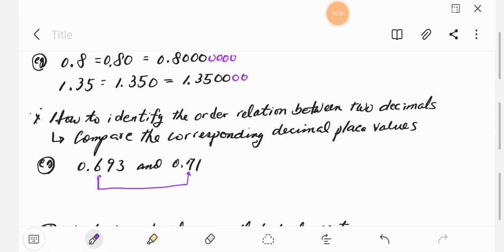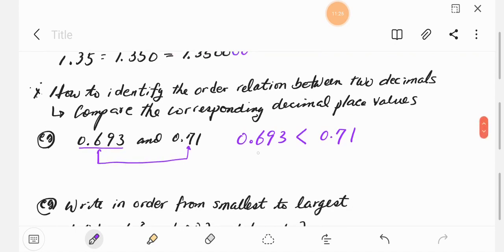Then 6 is less than 7. Then this one is smaller than the next number. So 0.693 is less than 0.71. Why? Because when you compare each digit from the left, 6 is less than 7, right?